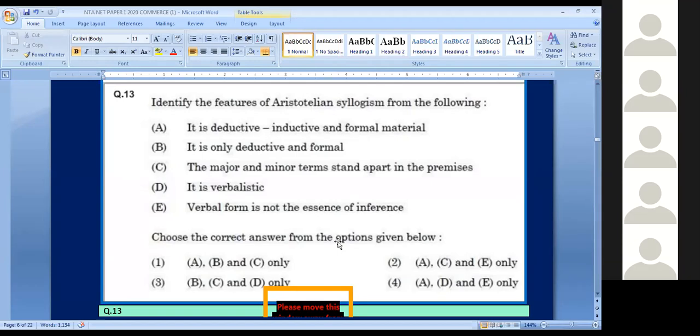No, inductive will not come under the syllogism part. Those who attended the previous sessions will know it. It is only deductive and formal. Sometimes it goes to informal also. Let us consider: the major and the minor terms stand apart in the premises. Yeah, that's true. There is a major term, there is a minor term which stand apart, which don't mix.